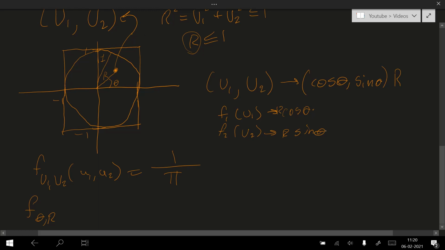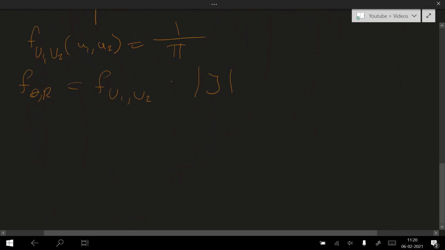The way we find this distribution is that we take the density of u1, u2 and multiply it by the determinant of the Jacobian matrix, where the Jacobian matrix is the matrix with df1/d theta, df1/dr.